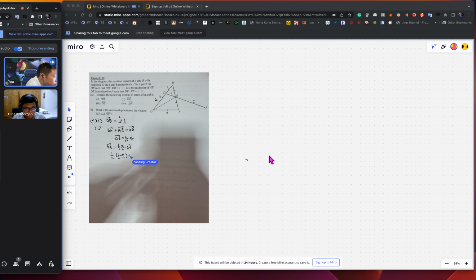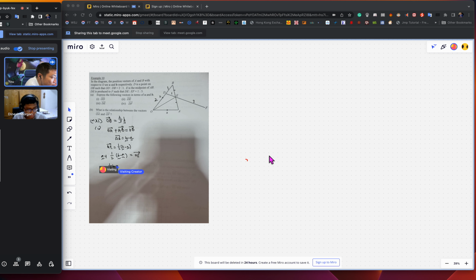So you are finding OE, right? So OE is equal to what? OA plus AE, equals to OA plus half of AB, which is OB minus OA. So you just simplify. It should be half b plus half a.